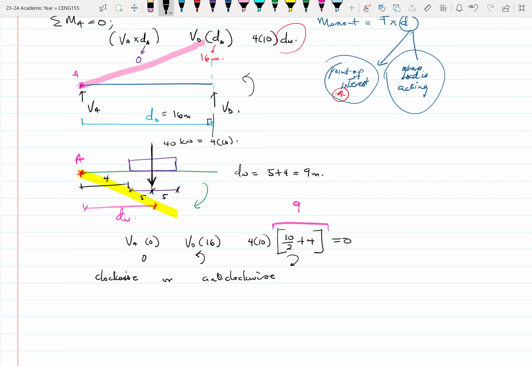The next thing is, if you make clockwise positive, then anti-clockwise should be negative. Or if you make clockwise negative, then your anti-clockwise should be positive.